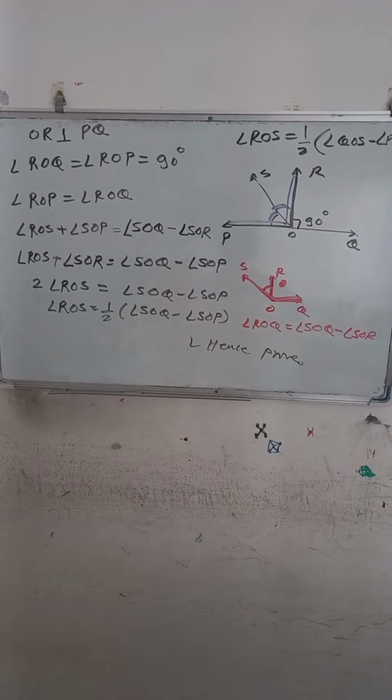Write down the next question. It is given that angle XYZ is equal to 64 and XY is produced to point P. Draw a figure from the given information.